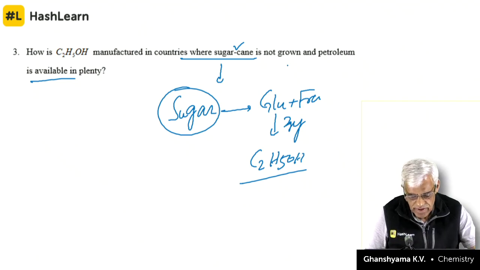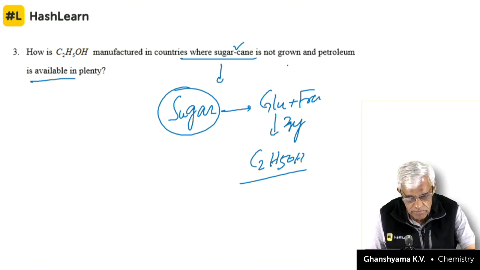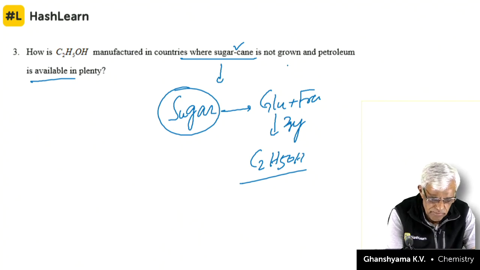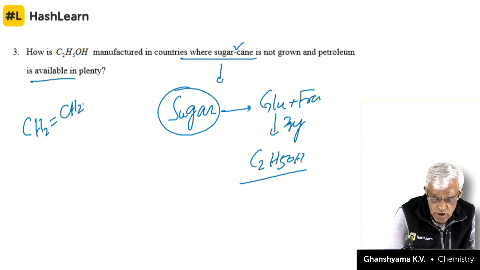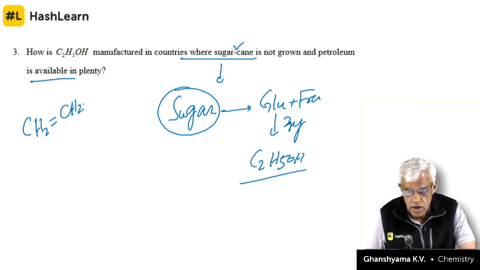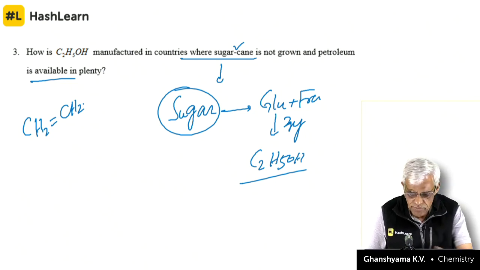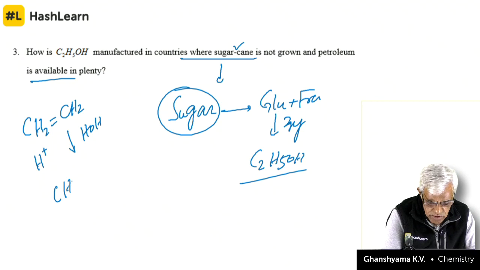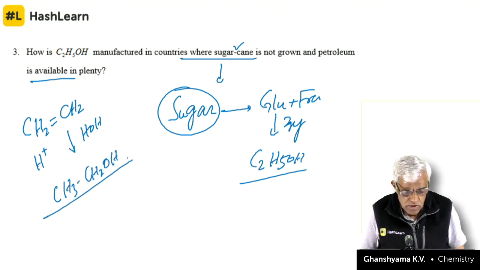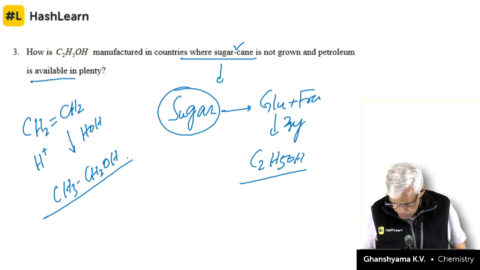How do you get it in the countries where petroleum is available in plenty? CH2 double bond CH2, ethene is a petrochemical, and this is the raw material for the manufacture of that. This is hydrated. In presence of concentrated sulfuric acid, it forms CH3CH2OH. So, petroleum is available, it is a petrochemical, therefore, hydration of that will give you that.